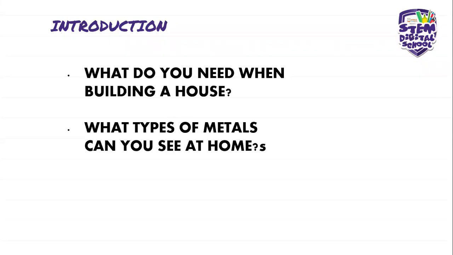So those are some things that you find at home which are made of metals. But I want you to tell me which types of metals can we see? And a type doesn't refer to the item, but it refers to the material used to make the item, okay?